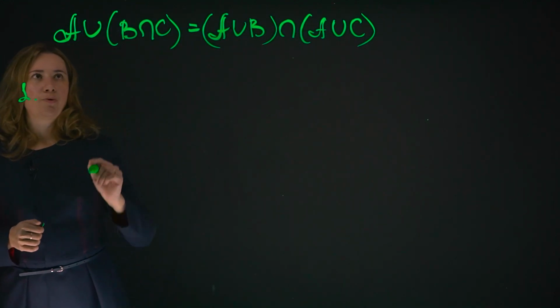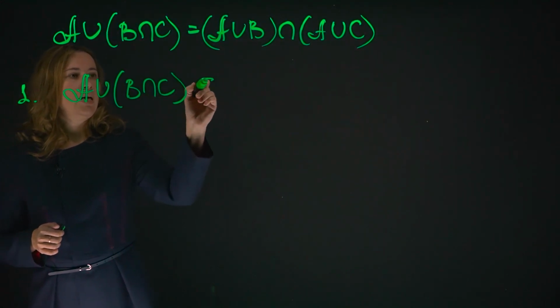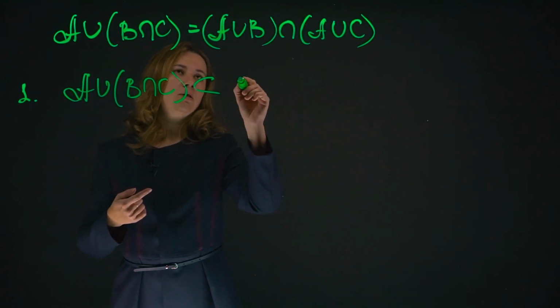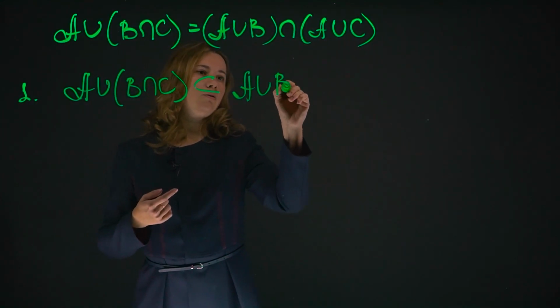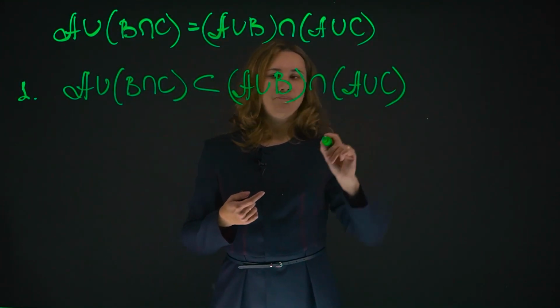Let's put our first point. A union B intersection C is a subset of my right-hand side, A union B, intersection A union C.